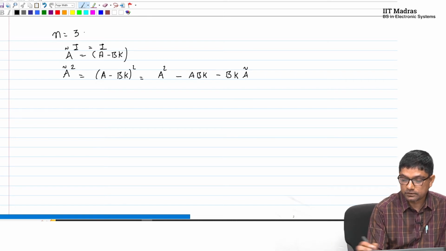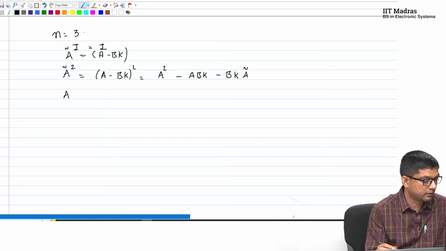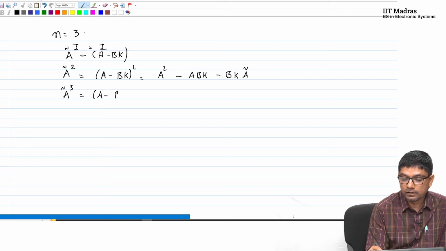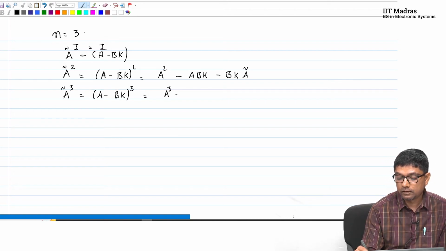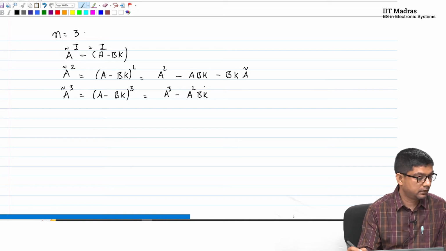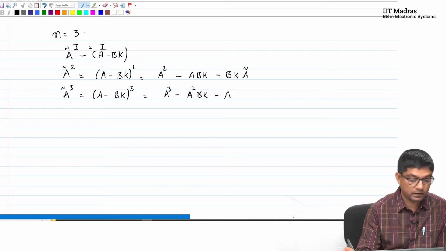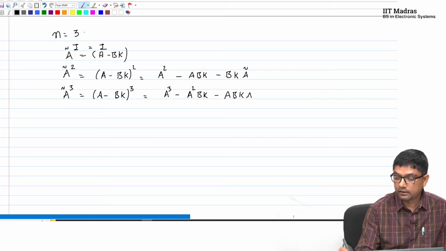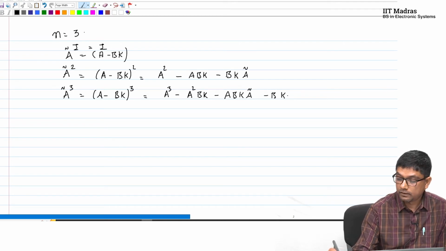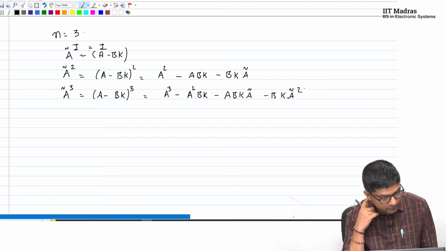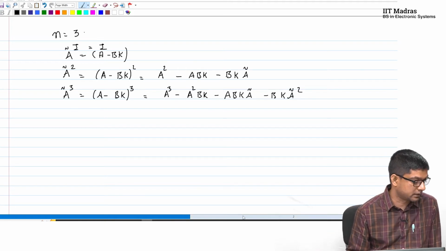I am just writing down terms, maybe skipping one small trivial step in the middle. A tilde cube will be A minus bk whole cube. This will be A cube minus A square bk minus A bk A tilde minus bk A tilde square. Just believe me that this is true. If not, you can work it out by yourself.